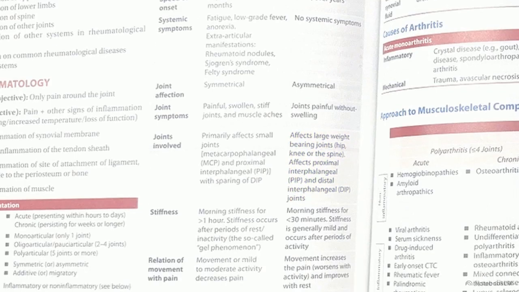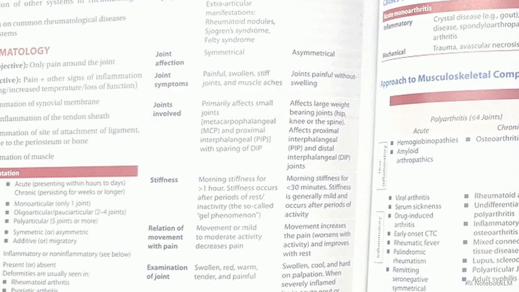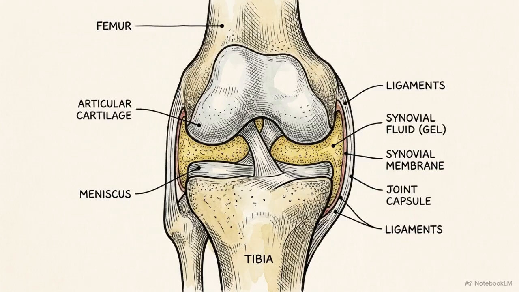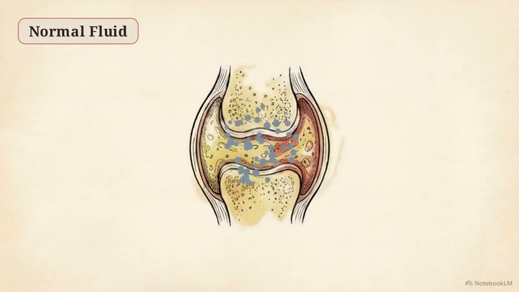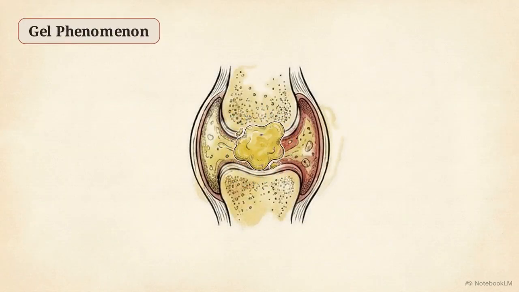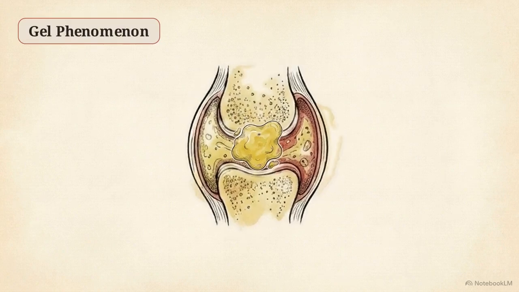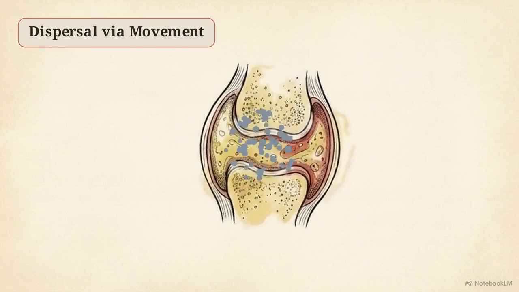Conversely, the inflammatory branch, including rheumatoid arthritis, is driven by systemic autoimmune dysfunction, characterized by morning stiffness lasting longer than 1 hour. This prolonged stiffness is caused by the gel phenomenon. During periods of rest, inflammatory joint fluid actually thickens into a gel-like consistency, requiring prolonged, continuous movement to physically disperse it.